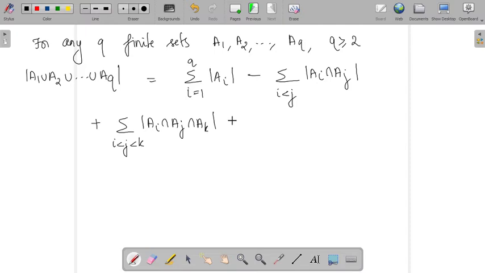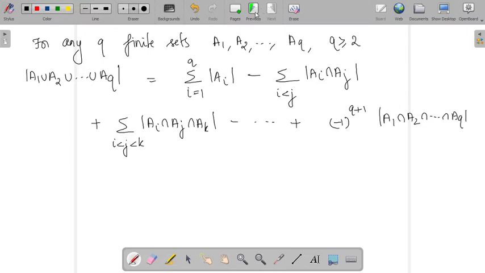Next term is minus. Continuing that way, the last term will be minus 1 raised to Q plus 1 cardinality of A1 intersection A2 intersection etc. AQ. So this is the principle of inclusion and exclusion when you have Q finite sets.